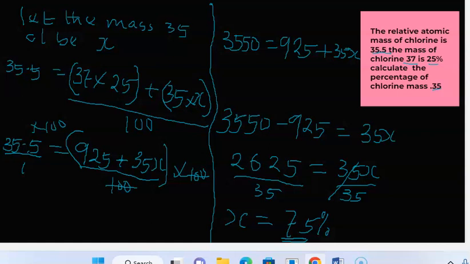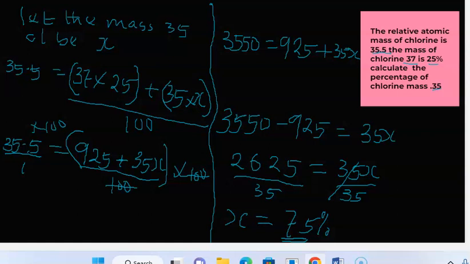This is the general formula. Now you have created an equation. To solve it, you rewrite 35.5, then you solve the bracket, you multiply 37 and 25, you get 925, then plus you multiply 35 times x inside the bracket, you get 35x, then over 100.